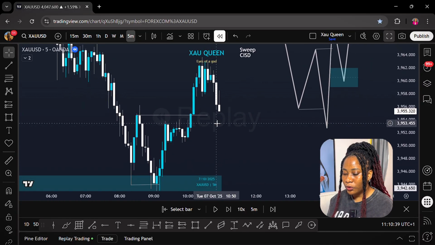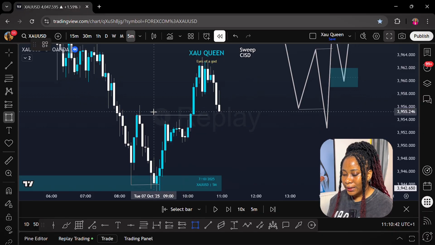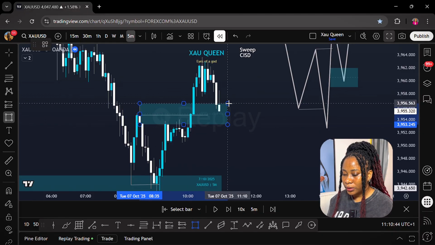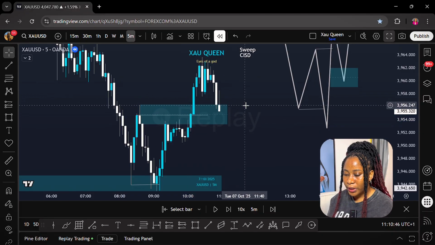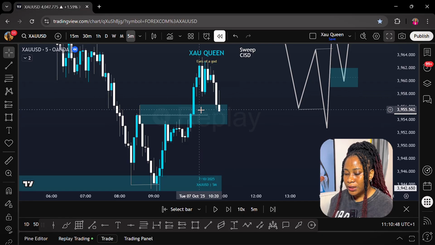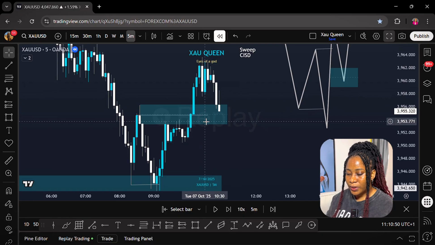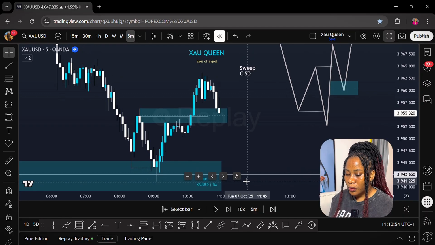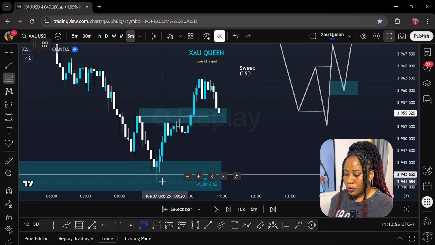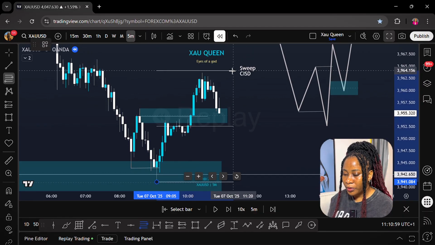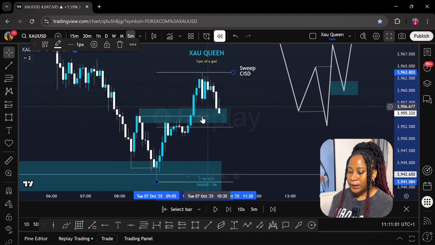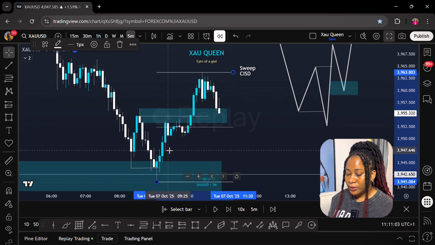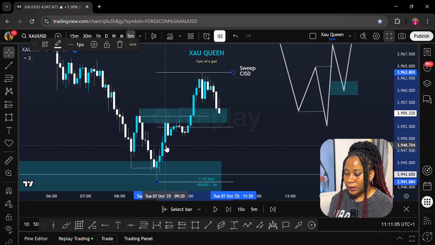So what do we look for here? Practically, like I said, you can use this breaker block, or you can use this FVG. Do you get? If you're someone that still wants to use your discount and premium, probably do something like this. I don't see anything to pick below this. There's no FVG.